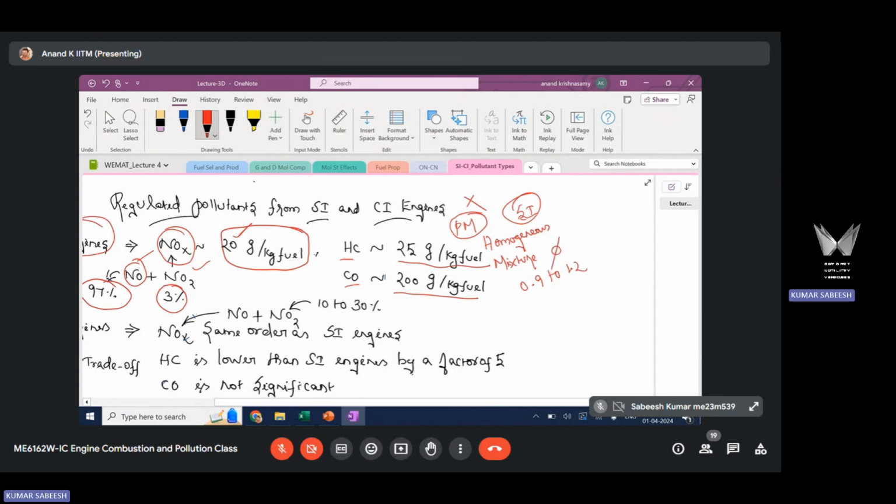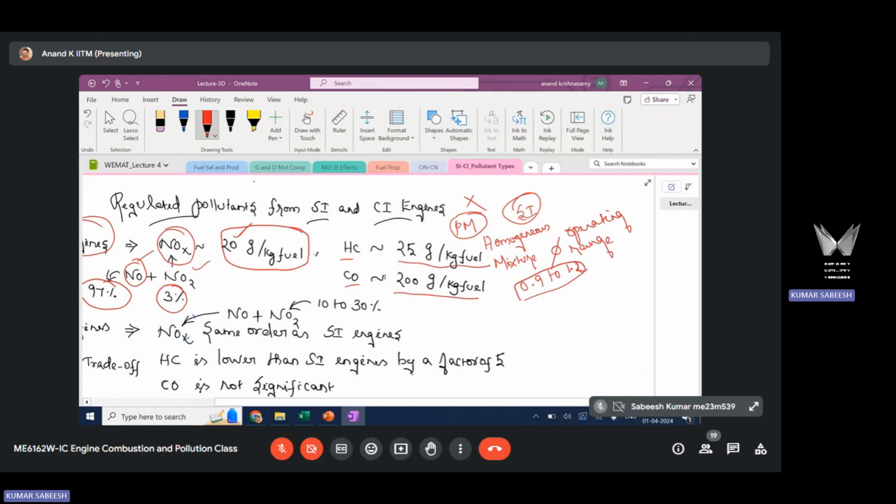This is the operating phi range. Since we have a homogeneous mixture, the phi value is around 0.9 to 1.2 everywhere. So you have a homogeneous fuel-air mixture distribution in a spark ignited engine with phi in the range of 0.9 to 1.2.